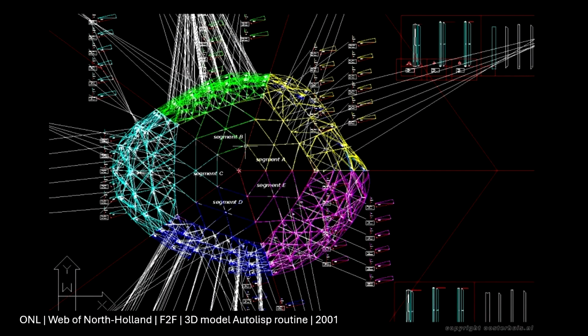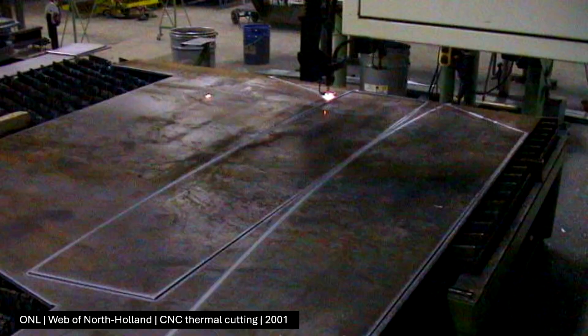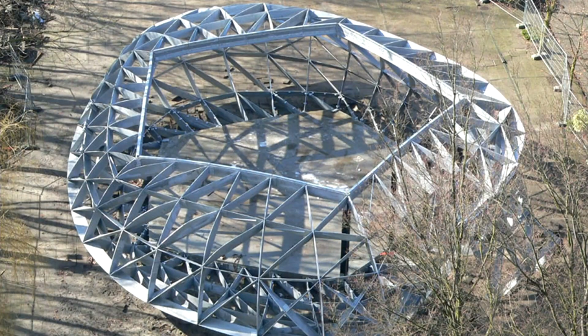It's about robotics. So, the Web of North Holland, you have all the elements, components. You extract all the data, you list them properly, and you send the data to the cutting machines. You assemble it again, take it apart, assemble again. It's so simple, actually. It's so simply complex.